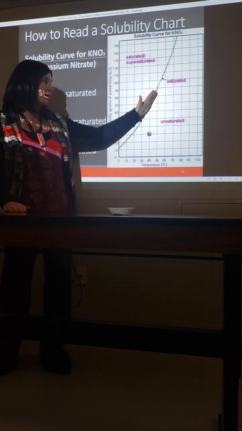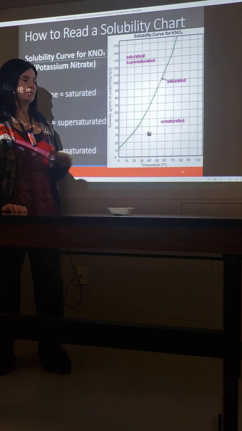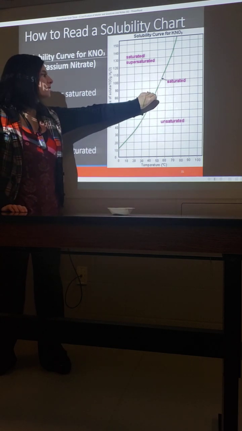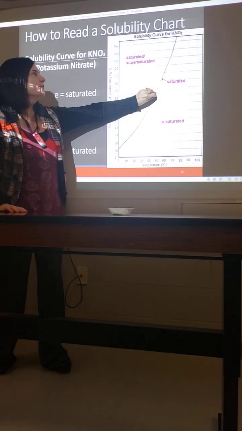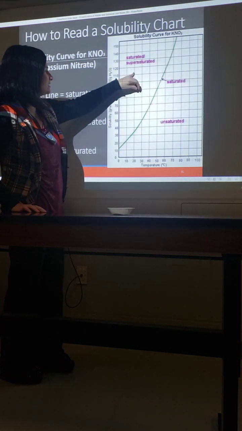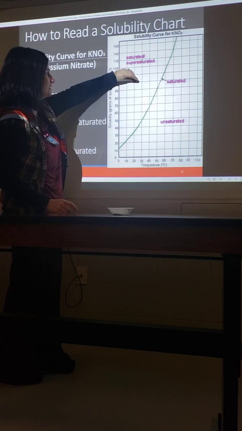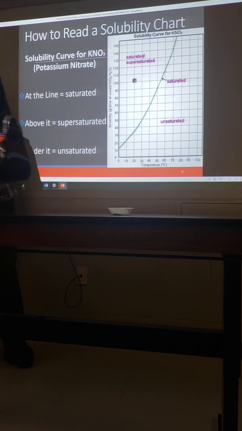Under this green line, it would be unsaturated. If I put it right on the green line, that would be considered saturated. If I have a point at 110 grams and 20 degrees Celsius, then I would know that it is considered supersaturated at that point.